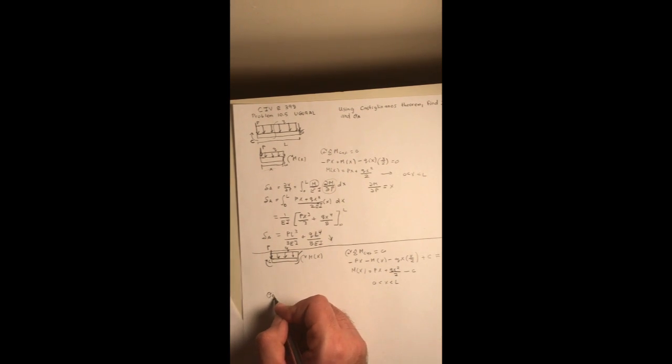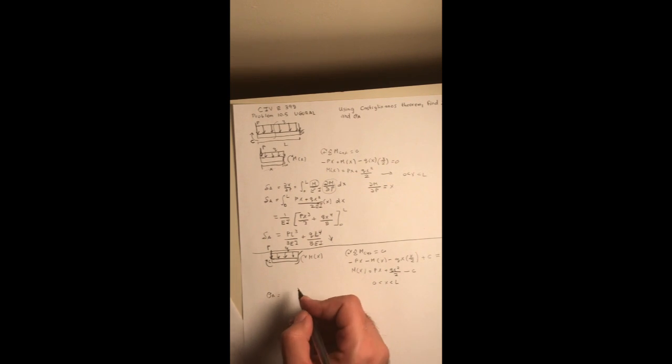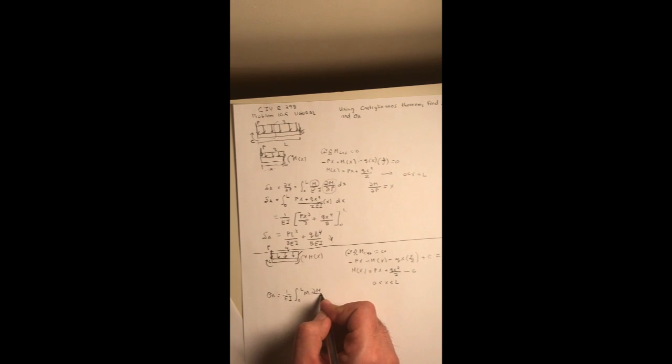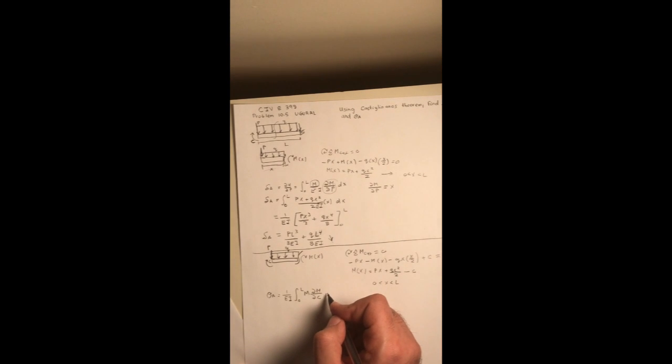So now we're going to use Castigliano's theorem, but for the slope, which is going to be 1 over EI from 0 to L of M, and then the derivative of M with respect to C, which is the moment that we applied here, dx.